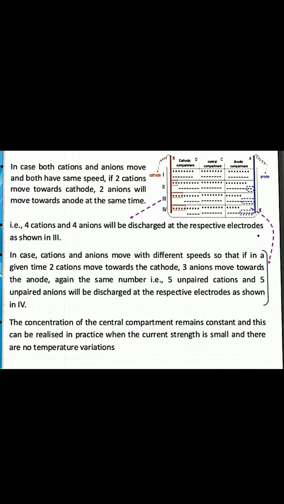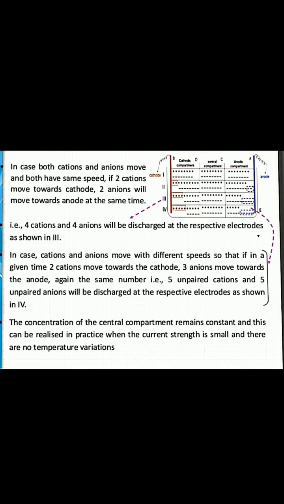Therefore, another case is represented by the 4th condition. In this case, cations and anions move with different speeds, so that if in a given time 2 cations move towards the cathode, 3 anions move towards the anode.